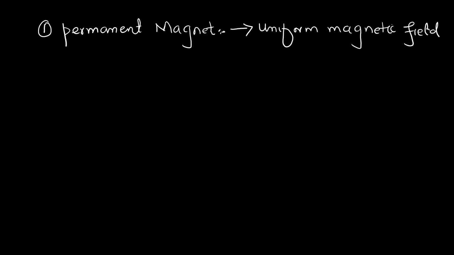Since you know that every magnet has a magnetic field associated with it, and the number of magnetic field lines passing through a unit area is known as magnetic flux. According to Faraday's law, whenever there is a change in magnetic flux, there will be a generation of electromotive force.